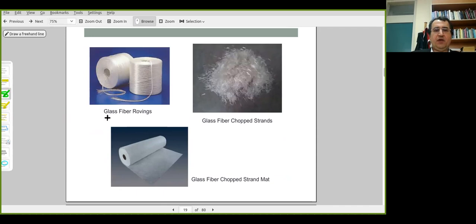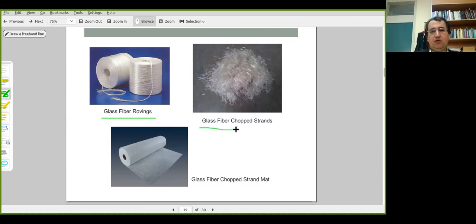Glass fiber rovings are strands wound around a cylindrical package as shown here. These are standard strand forms, these two. Now they are available as raw materials for further production of composite structures.